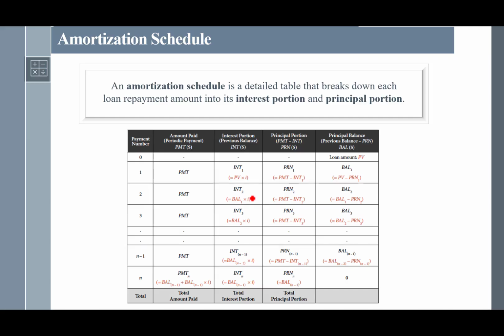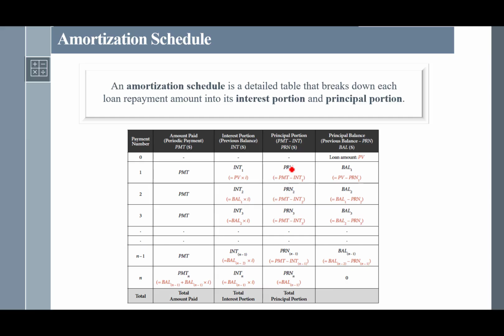So you're paying part of the payment towards the principal and part towards the interest. To find the balance, we subtract the PRN that you paid from the present value, or the balance at that point.